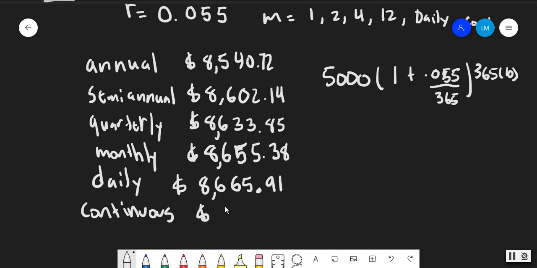So we say that the continuous is going to be 8,666 and 27 cents. So we see that basically the difference between the daily is not by very much if we think about it, because again, you can actually figure out the increments that these increased by.